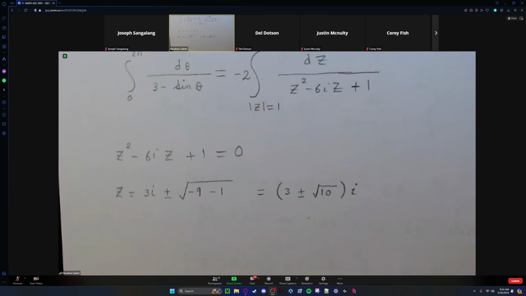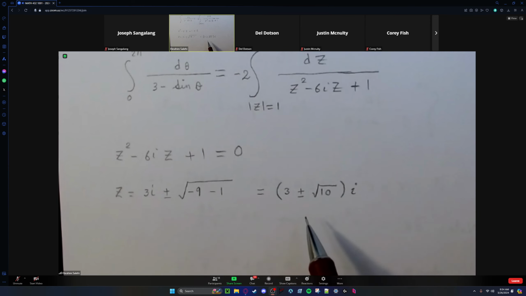Okay, good. Thank you, Dale Dawson, for paying attention to that minus. Otherwise, at the end, I would have had a wrong answer. These are the zeros or singularities.